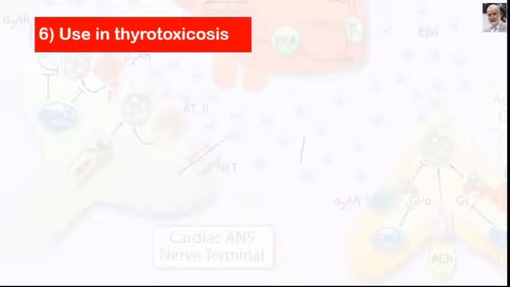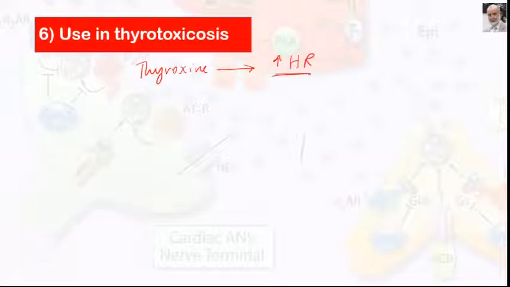Okay? On diabetes mellitus. Next, we'll talk about their effect on thyrotoxicosis. Thyrotoxicosis is overactivity of the thyroid gland, which produces a huge amount of thyroxine and triiodothyronine, of course. Thyroxine and triiodothyronine, one of their effects on the heart, they increase the heart rate. They produce continuous tachycardia.